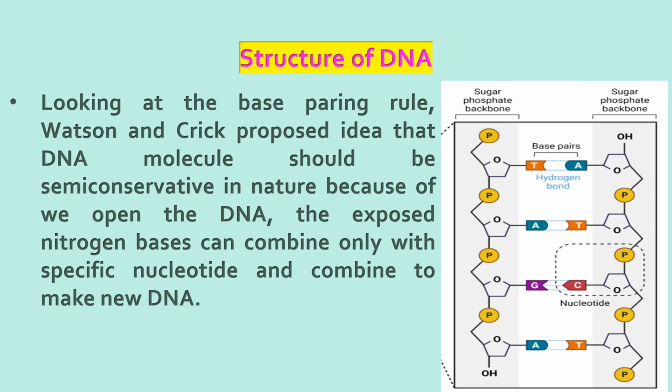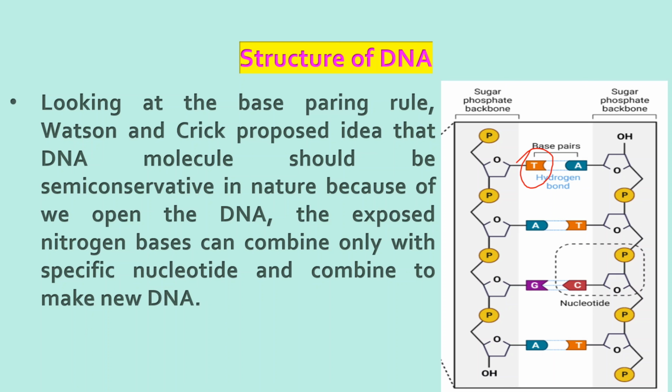Adenine can only form a bond with thymine, and cytosine can only form with guanine, and vice versa. Watson and Crick were sure that by any means we can split apart the DNA and the two strands are separated. The thymine will only form with the new adenine.